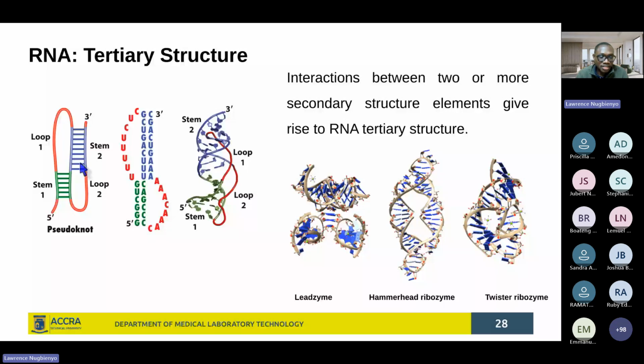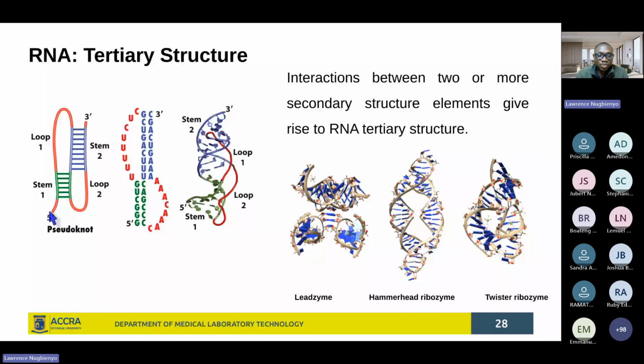And what we see is that at certain positions, you have what is being referred to as stem 1, which is depicted in green, showing that there is bonding between some complementary base pairs that are close to each other.